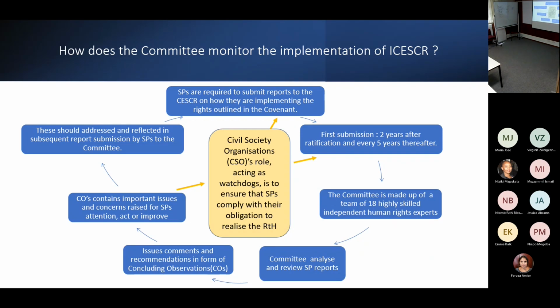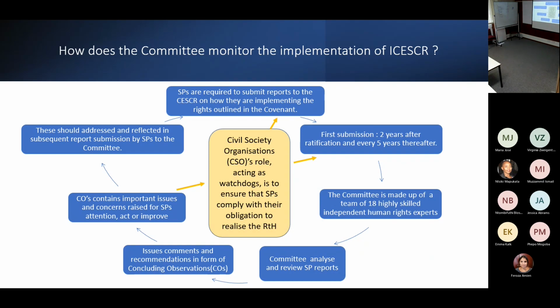After analyzing them, they issue comments in the form of concluding observations. These concluding observations contain important issues and concerns for state parties to attend to, act on or improve.